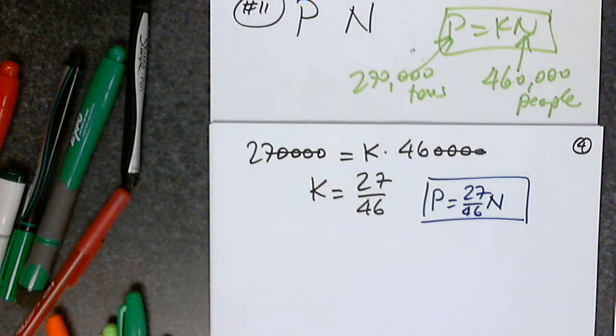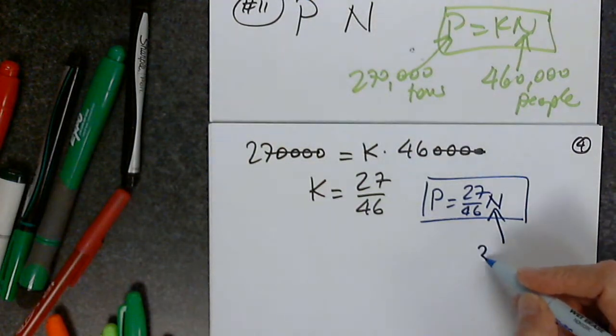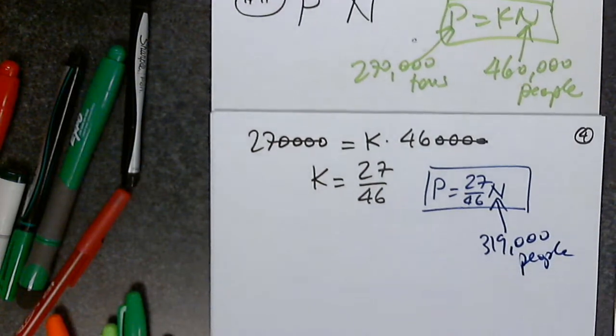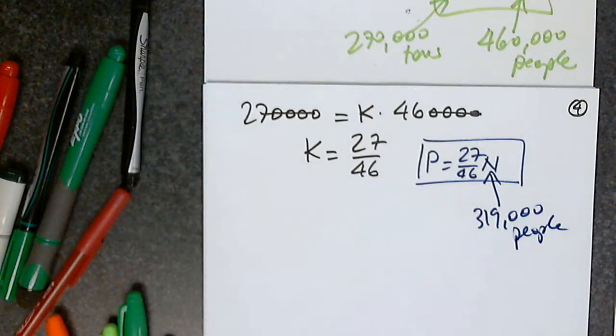Now I can read on and see what they're asking me to do. Find how many tons of pollution we should expect St. Louis to produce if we know that its population is 319,000 people, assuming the relationship is correct and is valid for all cities.